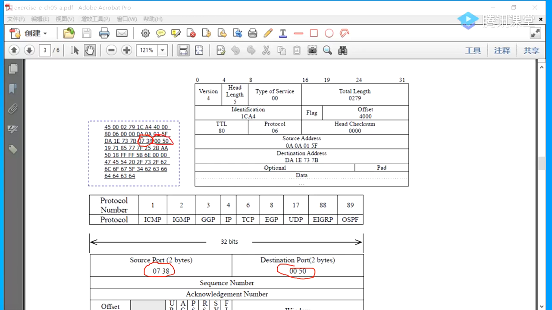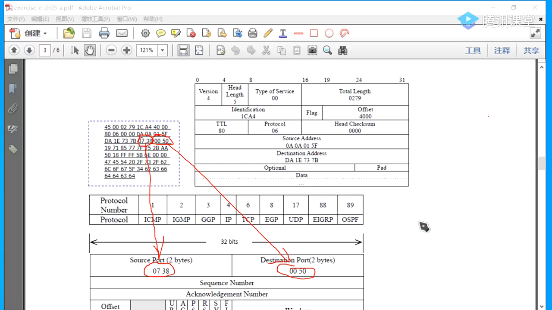So we should fill the source number and the destination number, right?